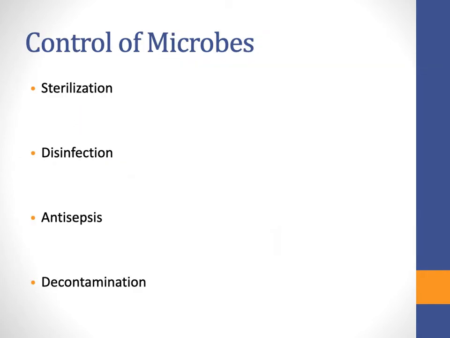Okay. Now, with the controls of microbes, there's some terminology, and again, I kind of refer to this as levels of clean. So sterilization is where we're going to be devoid of life, so there's no living cells, material, or microbes on the surface. Do realize that sometimes in newspaper articles or lay articles, they tend to overuse the word sterilization, because if there are living cells, technically it's not sterile, but the idea is that we have no microbes present.